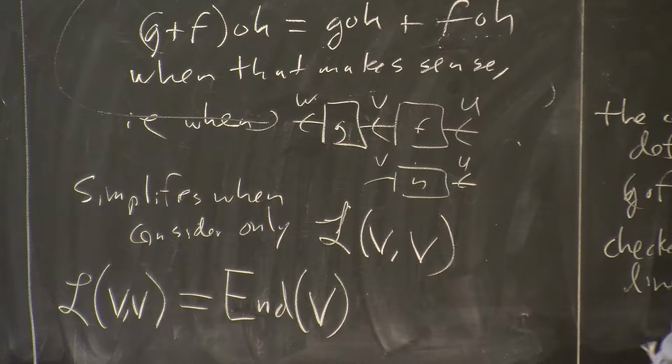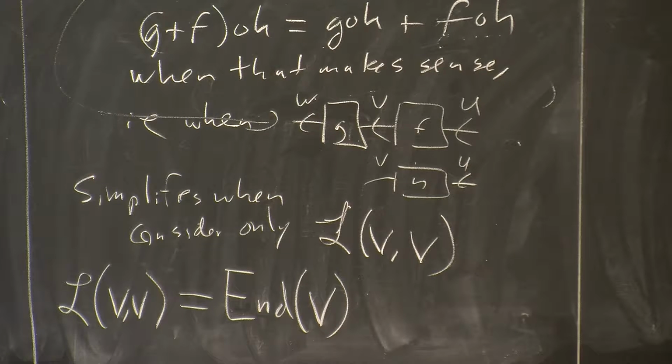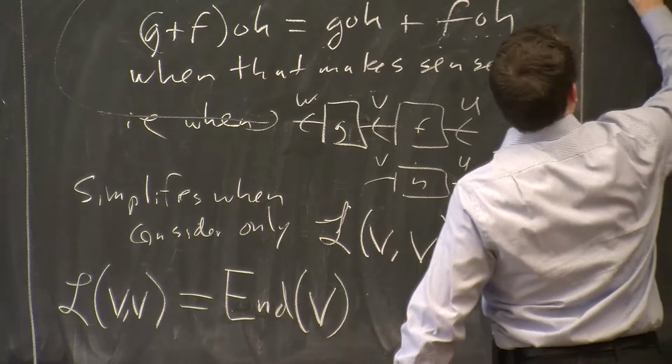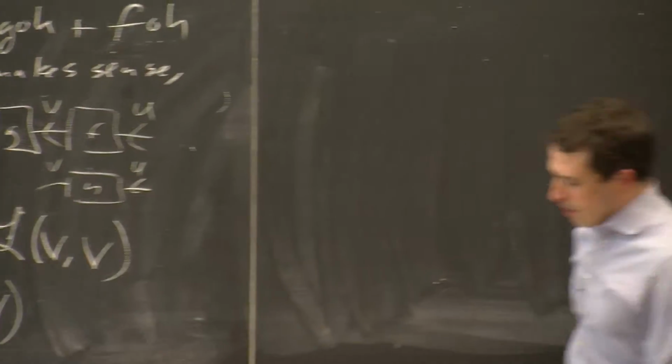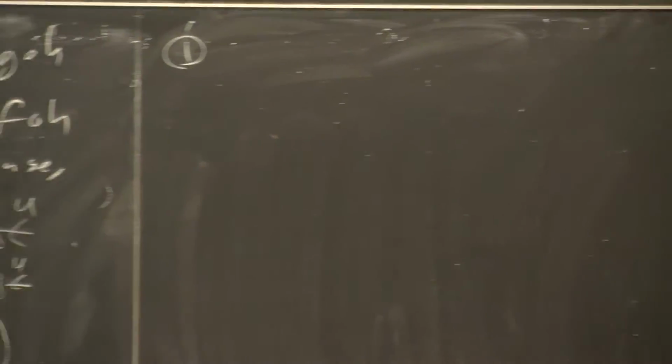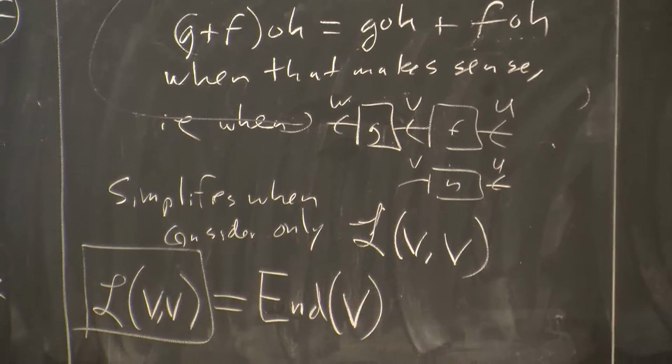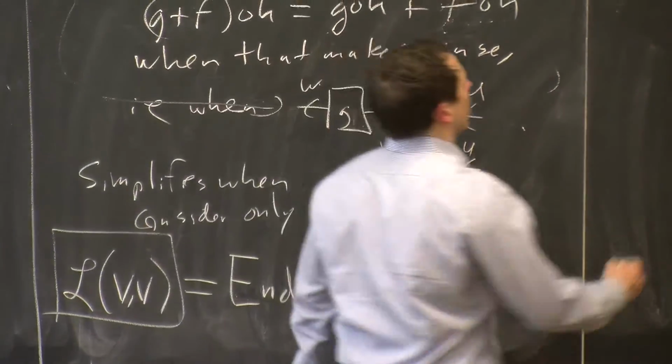And this thing, because I don't have to worry anymore about whether or not the domains and codomains match up, about these compatibility conditions in End V, I could say a little bit more about it as an algebraic object. So let's make some observations about it. Well, we know that already, from your homework, that this thing is a vector space.